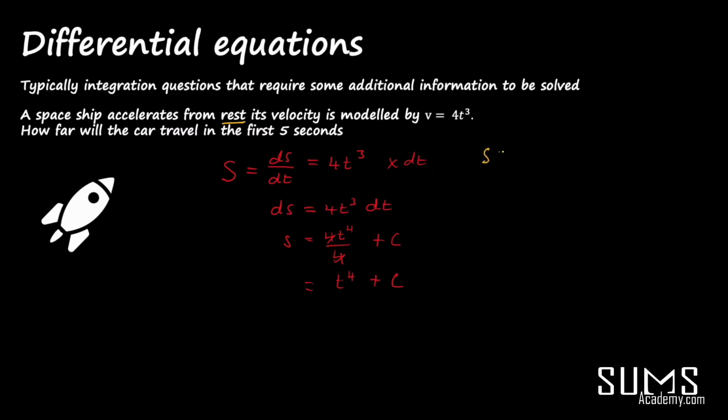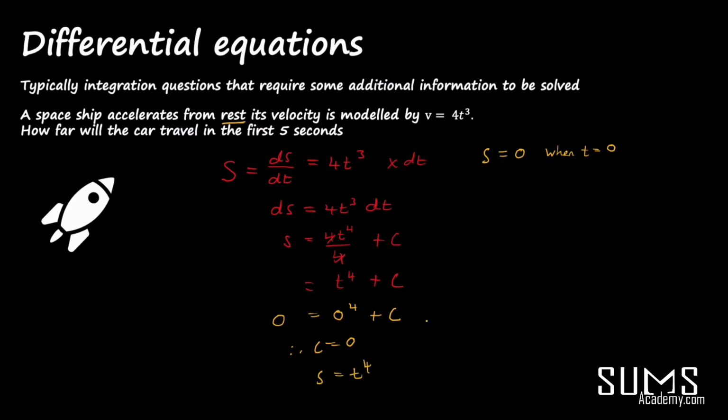So s is equal to 0 when t is equal to 0, and we can substitute that into this equation. So this becomes 0 equal to 0 to the power of 4 plus c. So c for this specific equation must be 0. Therefore, c equals 0, so s is equal to t to the 4.